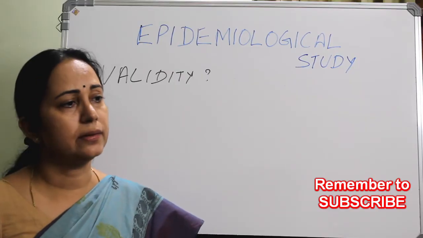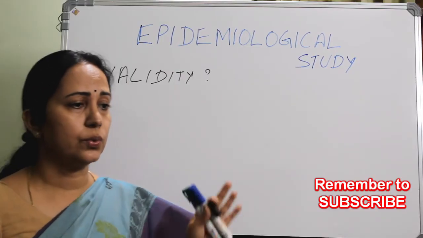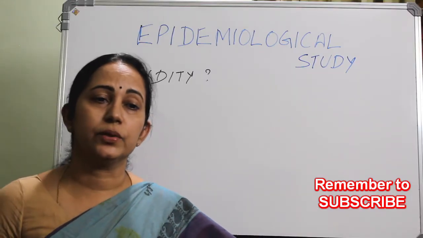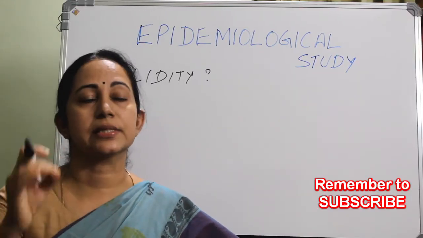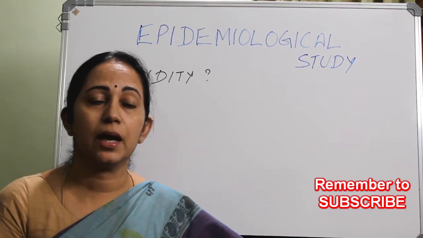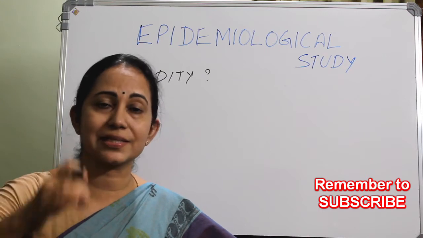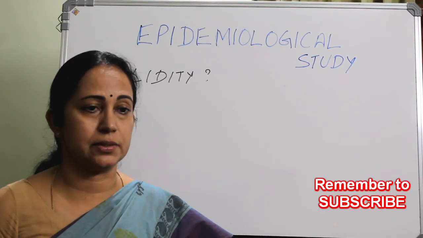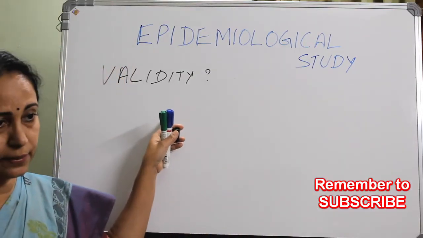Is the study valid? No. So, validity means the ability of a tool to measure what it is supposed to measure. If I am studying depression, I should use a tool which exactly measures depression in the study subjects. So that is validity.